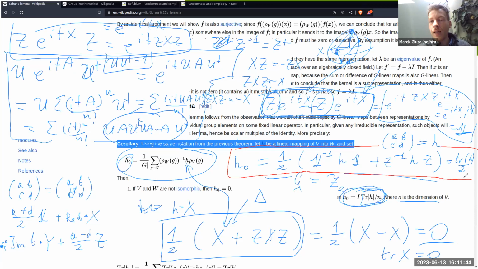Okay, and so you will be taking your matrix and applying nothing to it, plus conjugation by Z. So you can view this as some sort of averaging over our group Z2.